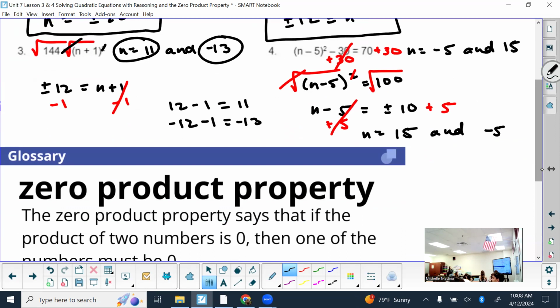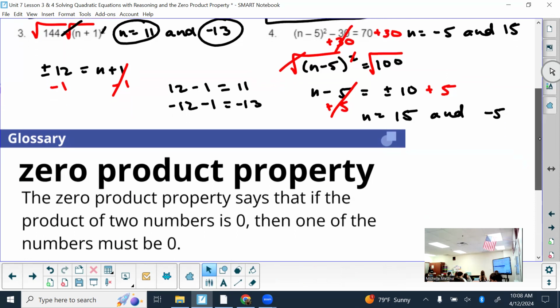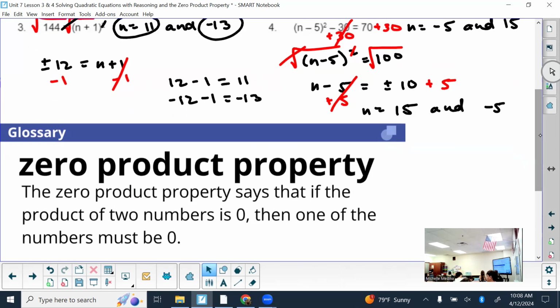Now, on the back, you have room to write down this definition. The zero product property, which says that if the product of two numbers is 0, then one of the numbers must be 0. We've talked about it a lot already. We've used it.